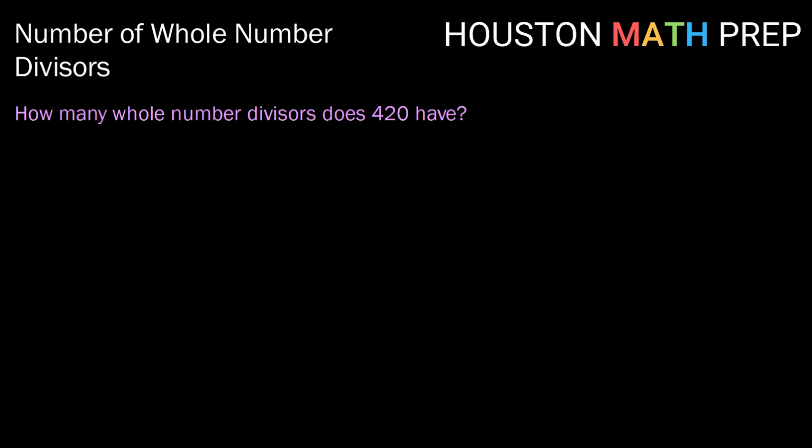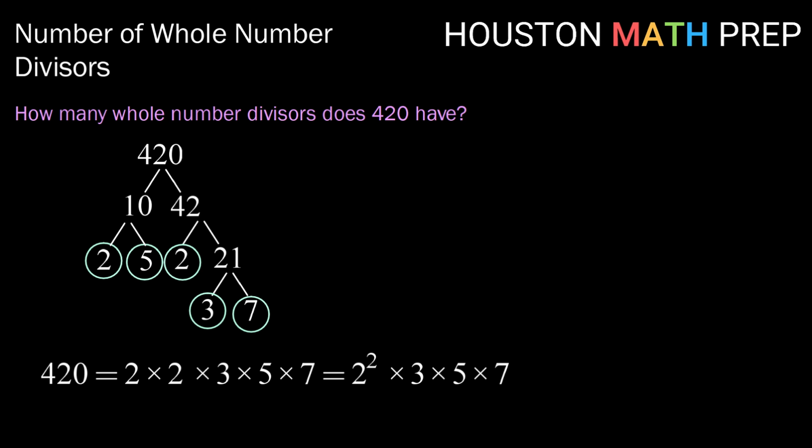All right, let's see if we can do this one more time. How many whole number divisors does the number 420 have? Well, if we get the prime factorization for 420, we can see that that is 2 times 2 times 3 times 5 times 7, or 2 squared times 3 times 5 times 7.